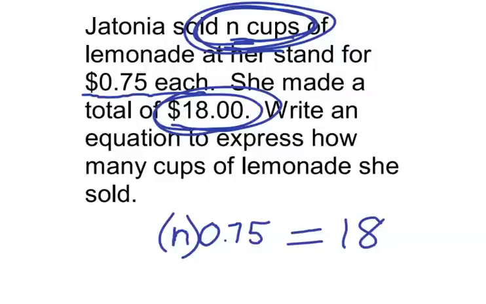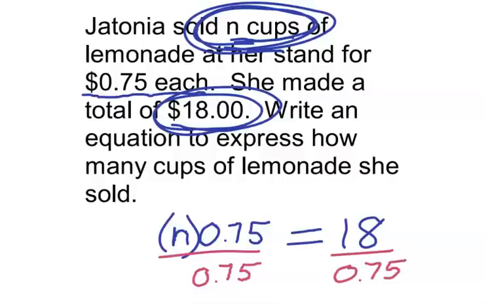Okay, but we can actually solve that out, because we know that we can do the opposite operation to solve for the variable. All right, so again, this is all we need. N times 0.75 equals 18. But how many cups did she actually sell? Well, this is multiplication. So the opposite of multiplication would be division. Okay, so we're going to divide both sides by 75 cents, basically. Okay, so 75 cents goes into 75 cents one time.